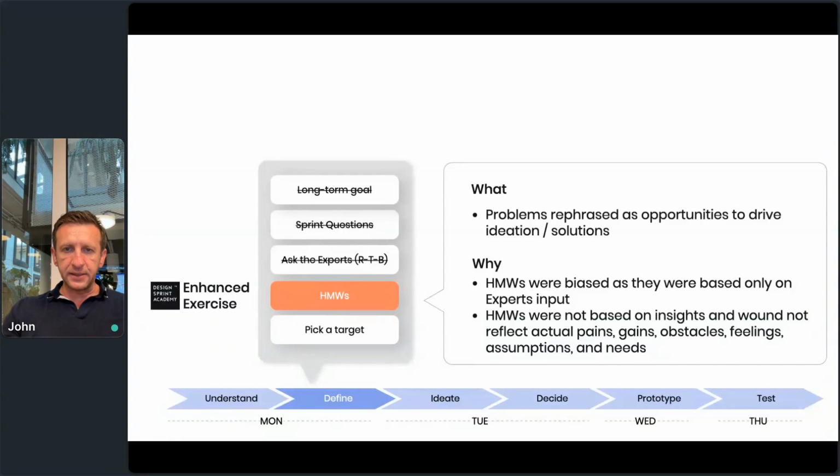and it's very important for the how might we to be grounded in real insights, right? That's why we have multiple sources of inspiration for the how might we. The team will look at the raw Stormbots from the morning discussions during the lightning talks. Also, they're going to look at the pain points, desired outcomes and insights from the customer journey maps. And finally, they're also going to look at what the experts said during Ask the Expert.